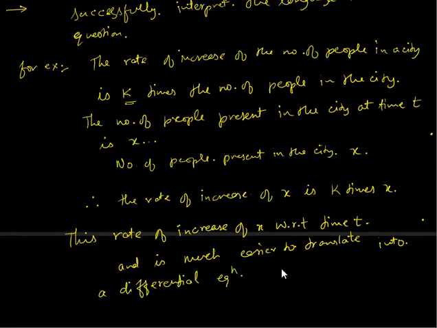Differential equation, that is dx by dt. This is known as the rate of change of x with respect to t, is equal to k times x.